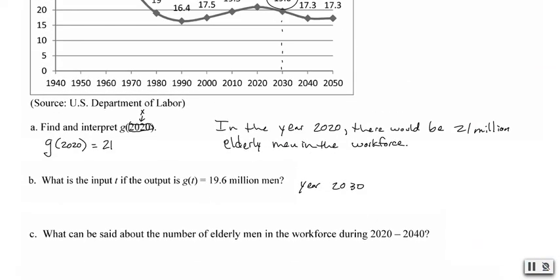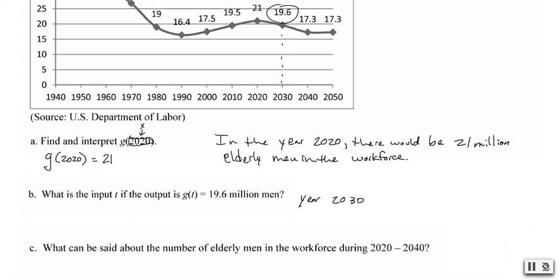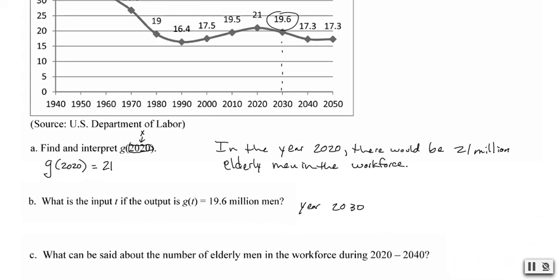And what can be said about the number of elderly men in the workforce during 2020 to 2040? So from 2020 to 2040, we're going from here to here. It is decreasing. So we can say that is decreasing.